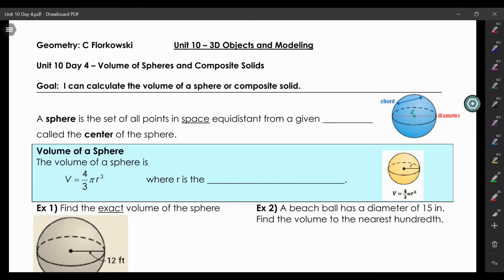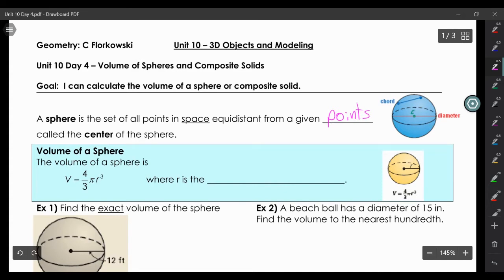And a sphere is just a ball, like a tennis ball or beach ball. Those are examples of spheres. The definition of a sphere is the set of all points in space equidistant from a given point.